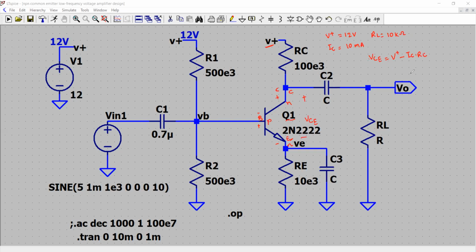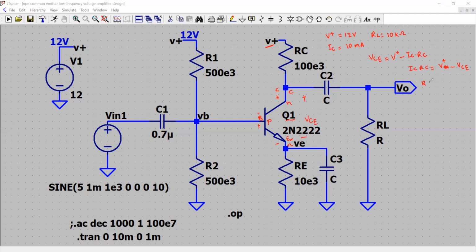So this is the equation. You can see that IC RC would be equal to V plus minus VCE.